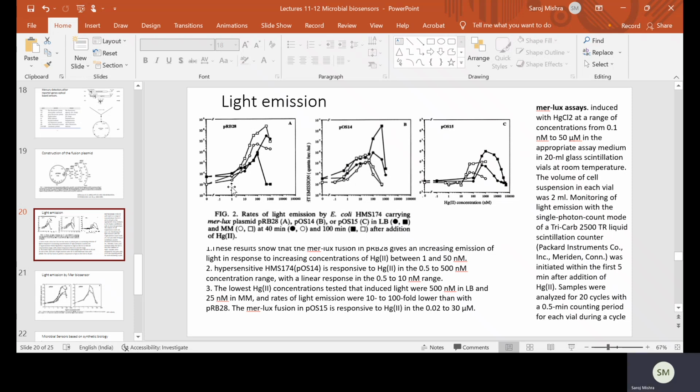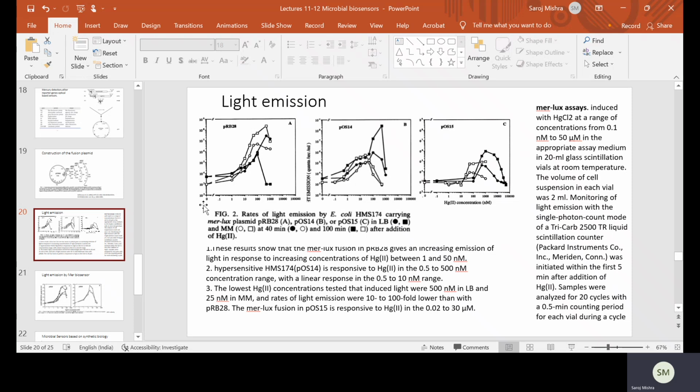Okay, so now what you need to see here is, for example, that this is kind of the basal level, that is 0 level. By 0 level, what we mean is that there is some kind of background fluorescence which occurs in these systems. Although we expect that the lux operon is going to be turned on only when mercuric ion enters inside the cell, because then it's truly a reporter gene, there is always a leaky expression.